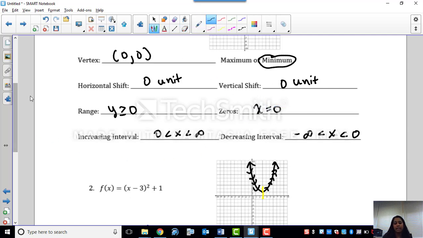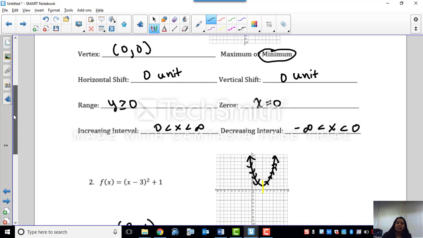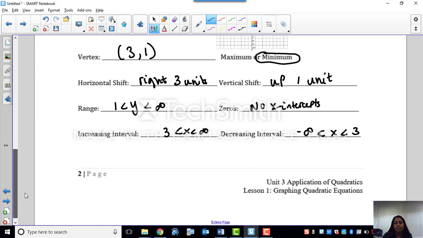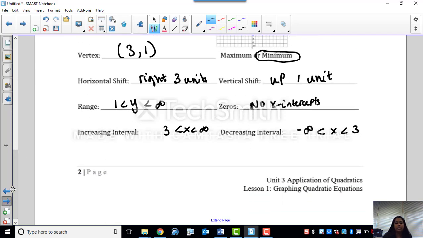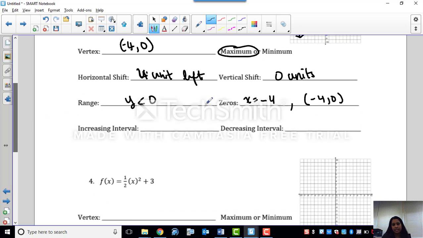That is the x-intercept. You can give it as a coordinate, so the x-intercept is at 0, 0. Here, the x-intercept is x equals negative 4, and your y-coordinate will be 0. For an x-intercept, your y-coordinate will always be 0, and that's why it's called zeros of a function.